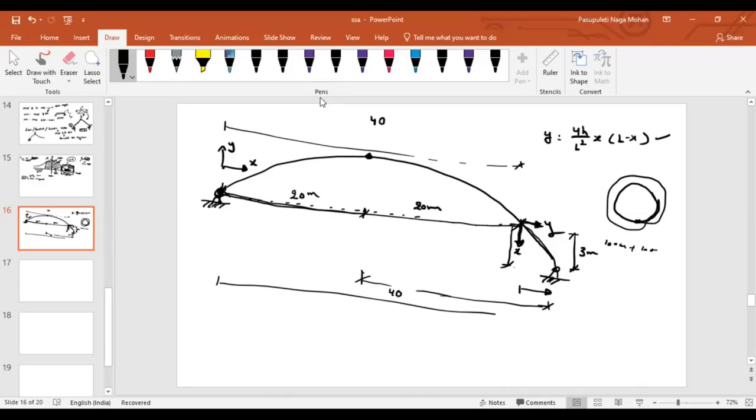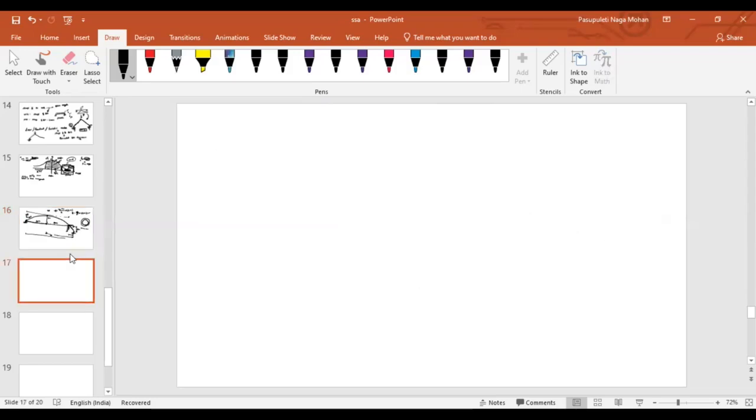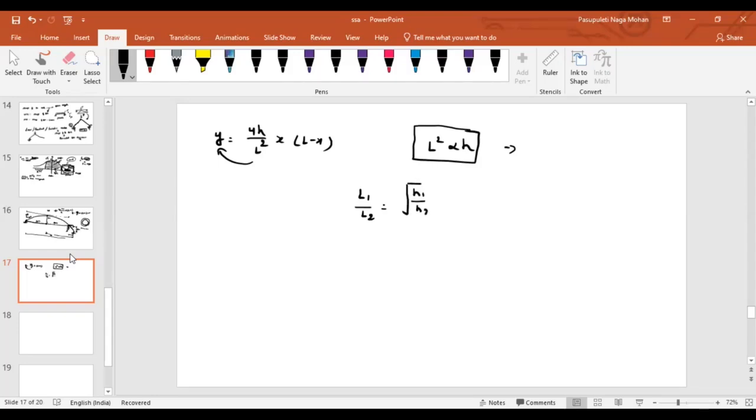Y is how much? The rise happened as -3. That will be equal to 4 times the total rise that we have considered, 4h by the length, that is the unknown, into X, into L minus X. Or if you want to simply remember, Y is equal to 4h by L square into X into L minus X. If you take this L square to the left side, L square is directly proportional to H. So your rise and length of the parabola are related: L1 by L2 will be equal to the root of H1 by H2.